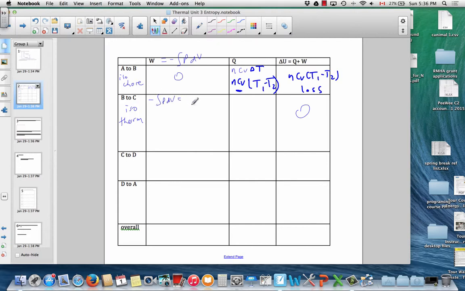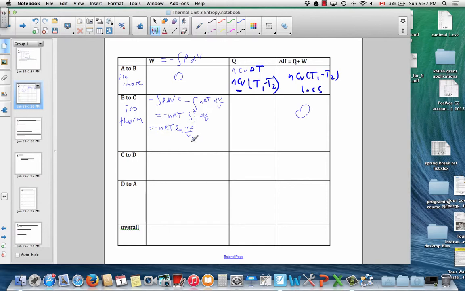We use the ideal gas law, so P equals nRT over V. T is a constant, so that comes out of the integral. And then we're integrating dV over V from our initial point to our final point. That, of course, is ln V. So it's ln V from initial to final, and ln V final minus ln V initial is ln of VF over VI.